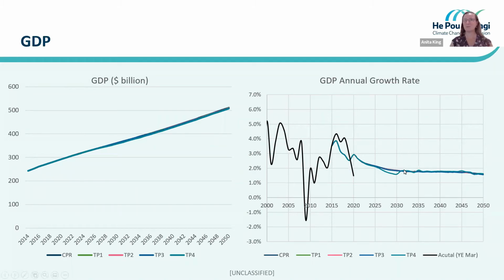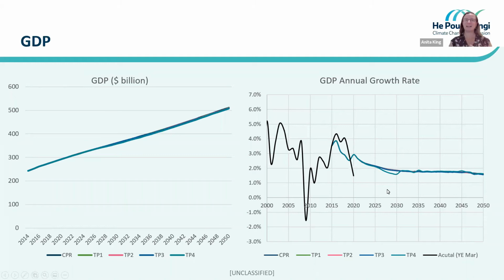Once again, when we get down to this end of the graph, we do have 5 lines there. And once again, GDP growth is almost indistinguishable from when we don't take any action. The main exception is this teal line here, that's the TP4.